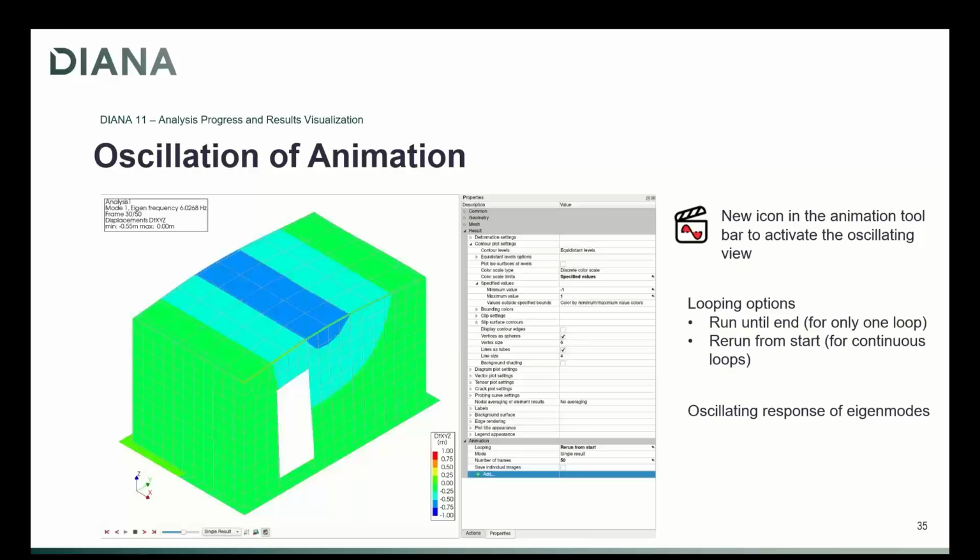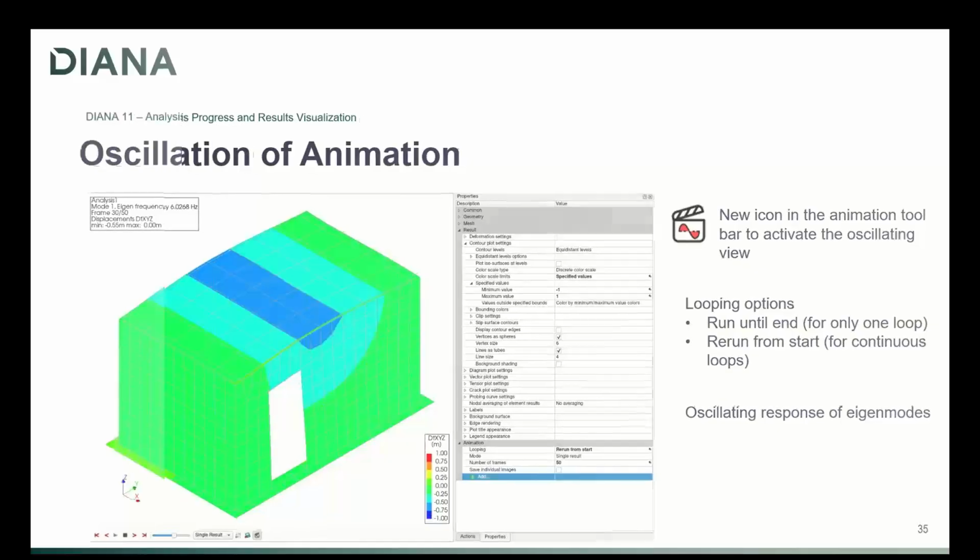And there are some looping options that you will have under the animation properties. You can run until the end, so for only one loop, or you can rerun from start for continuous looping animations. Next, please.